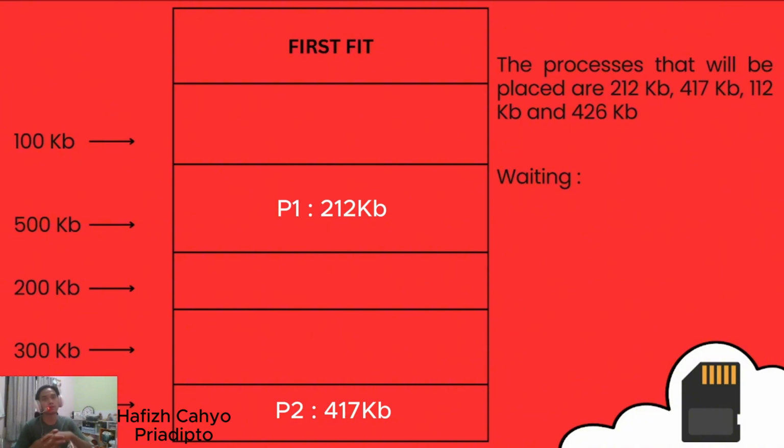112 kilobyte. Same as before, we check first. Still the third process is bigger than 100, and we check again the second column. The third process is smaller than 500 kilobyte, but again there is a process in that place, the first process.